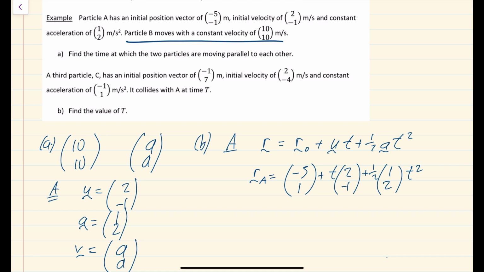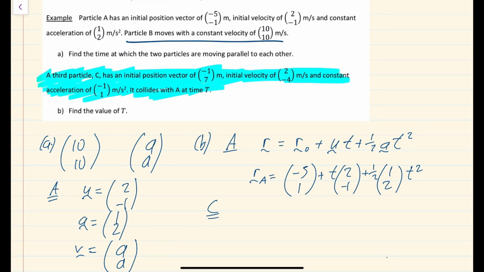And then we'll do the same for particle C. So I'm looking at this bit here, which I've done in this lovely blue colour. It says a third particle C has an initial position vector. So again, for C, this is your r0 plus u times t plus a half a t squared.